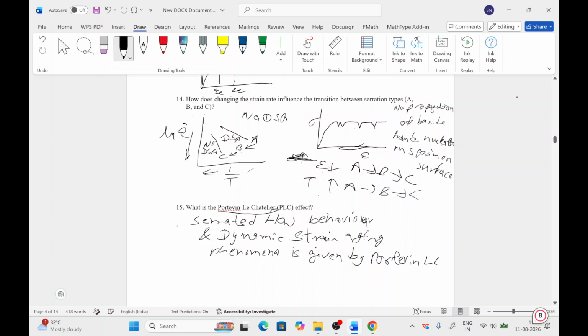So that's why this phenomenon is known as the PLC effect. So this is the 15th question and answer. What is the PLC effect? It is the serrated flow only in dynamic strain aging.